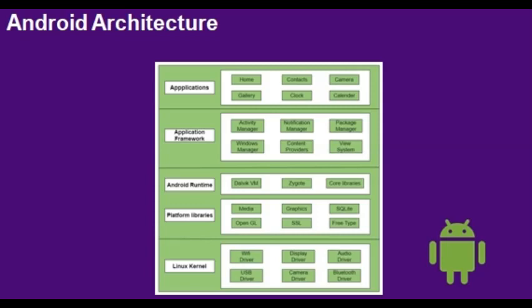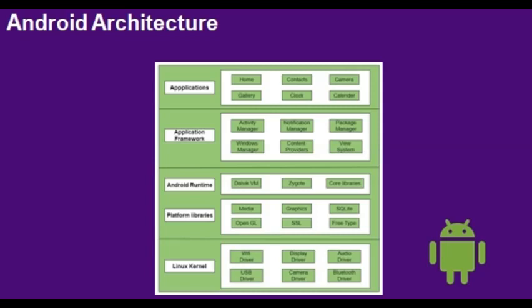Now we have the view system. As the name suggests, this provides images, buttons, and visual components through which a user interacts. You might have seen in mobile devices, when you scroll through applications, they provide certain buttons and visual components to go through.